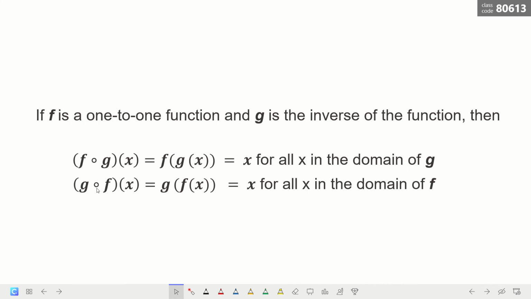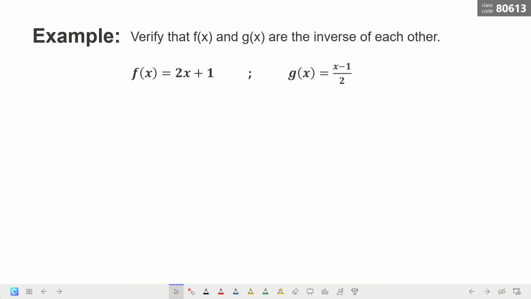And then g composed of f of x is equal to g of f of x. Dapat ang sagot din dito is equal to x for all x in the domain of f. So, let us have some examples para maintindihan natin dito. Verify that functions f and g are the inverses of each other.